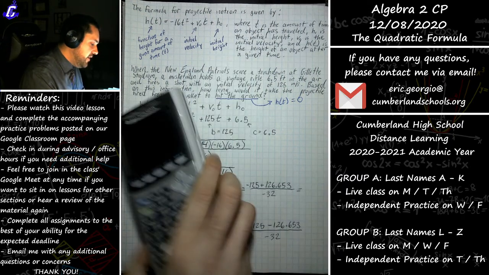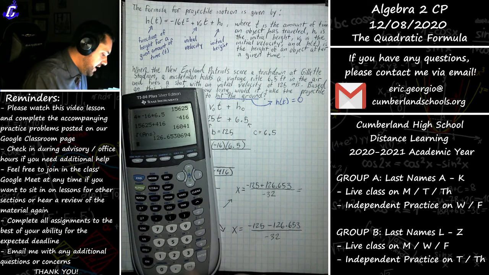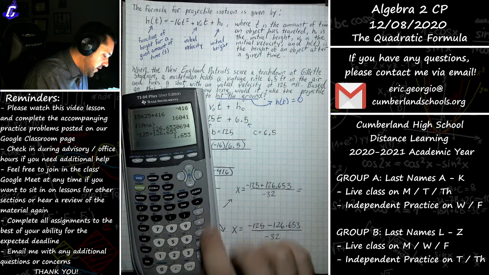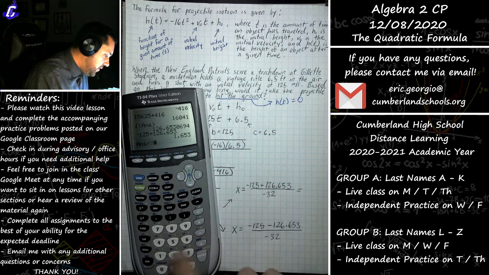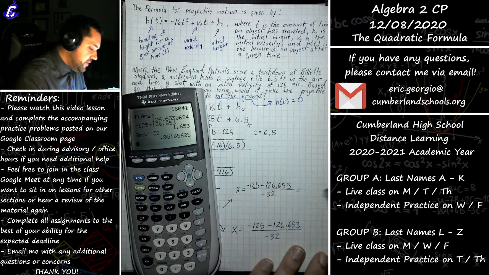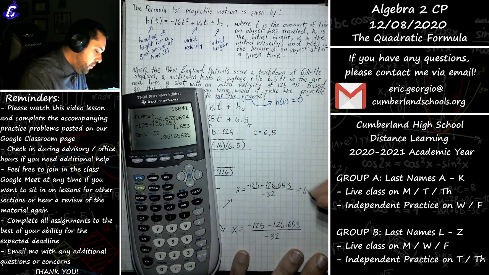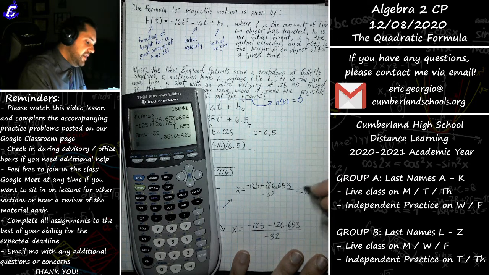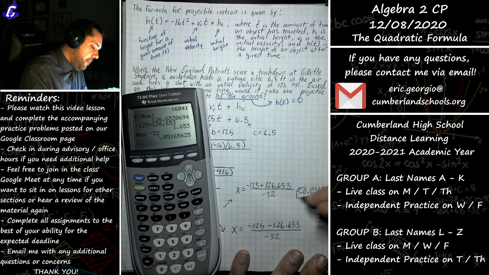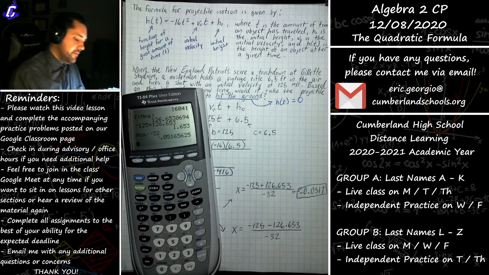This first calculation gives us negative 125 plus 126.653. We get 1.653 all over negative 32. That gives us an answer of, looks like, negative 0.0517 if I round to 3 decimal places, negative 0.0517 for that one, right?